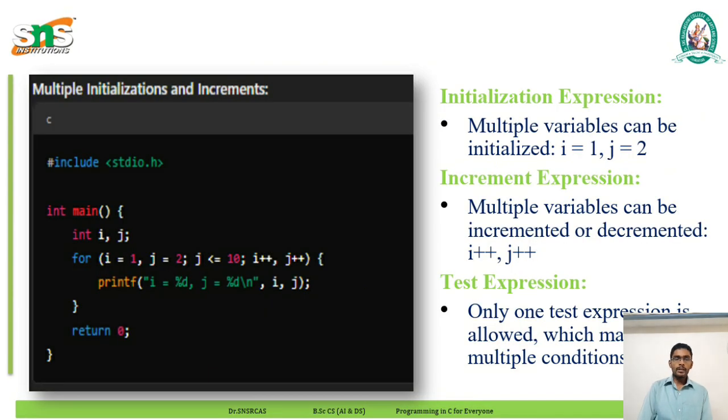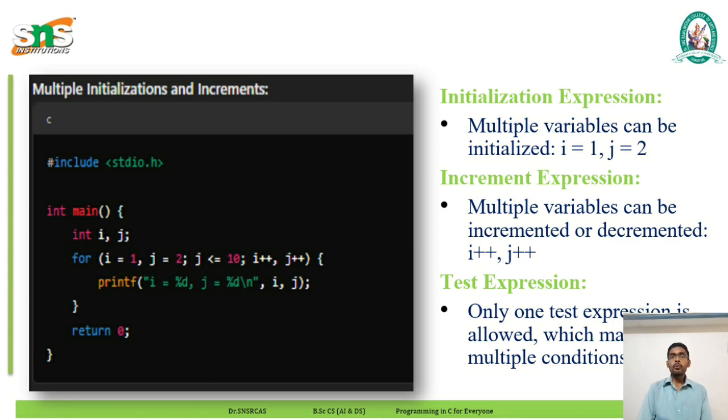Here is an example for initialization with multiple variables, with multiple increment expressions and only one test expression. From the example you can observe that inside the for loop two variables, i and j, are initialized. i is initialized with 1 and j is initialized with 2. In the condition part only one condition is checked.